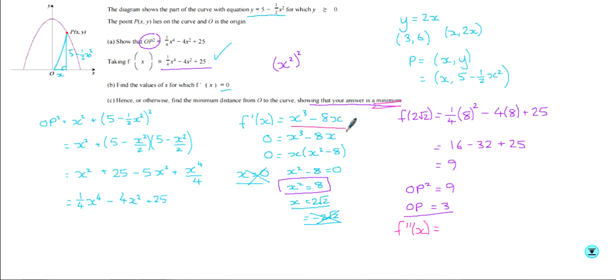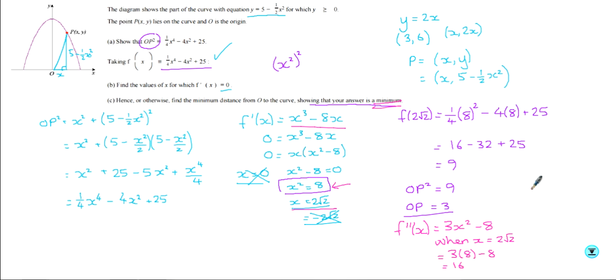Okay, so we're going to differentiate this again. So we're going to get 3x squared minus 8. Let's test it for that value of x that we're interested in. But again, I'm going to use this one because I've got x squared. It's just so much easier. So when x is 2 root 2, that's going to be 3 lots of 8 minus 8. 24 take away 8, well, that's 16.